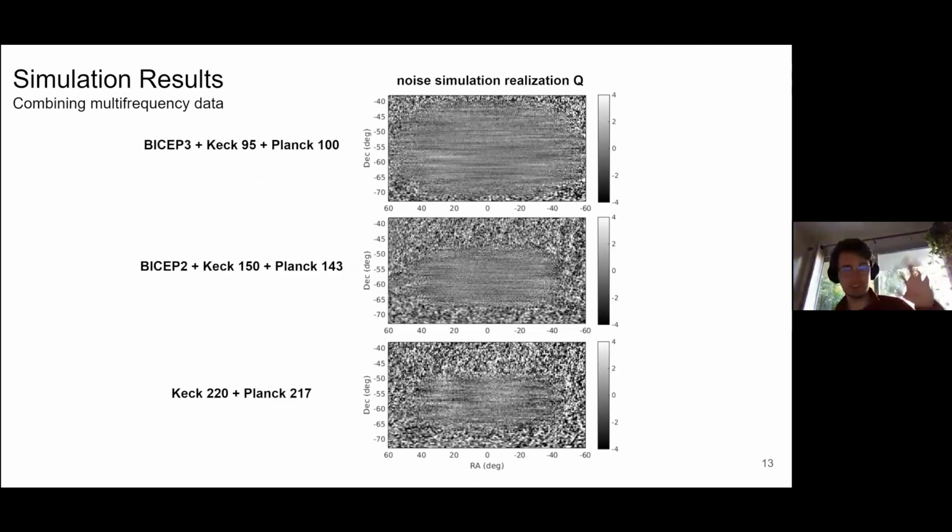And then we have this multi-frequency data set, so we can combine. You can obtain a best estimate of a 100 gigahertz, a 150, and a 220 gigahertz map, showing here again how the noise would look like.